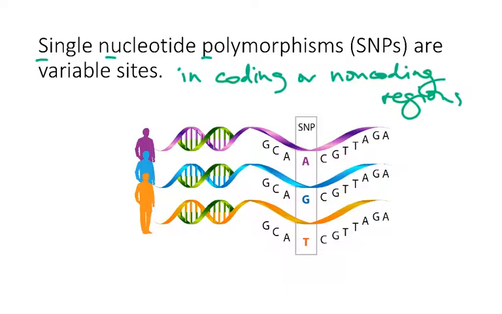SNPs can be found in either. But here in this cartoon schematic, we see that at this particular nucleotide site, which has SNP indicated there, the nucleotides are different for these 3 different individuals, whereas for the rest of the sequence, everything is the same. This is one of those targeted variable sites that we can use as a marker to inform our studies. That's a SNP.